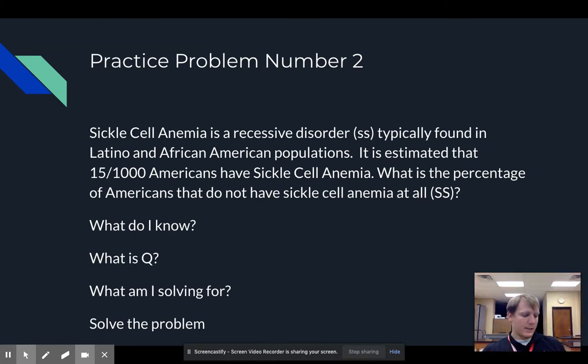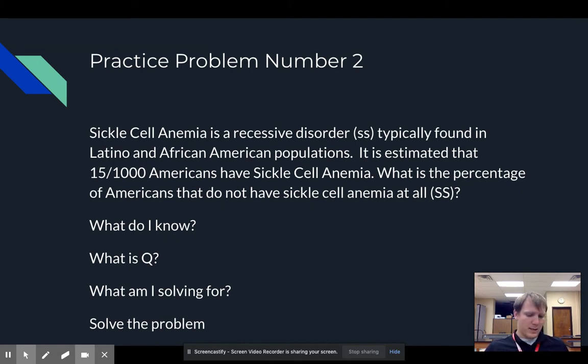Okay, now I can solve it. I'm looking for p squared, not p. So p squared is the same thing as saying 0.88 squared. I'm going to plug that into my calculator, and that is going to be my answer. I got 77%, or 0.77.